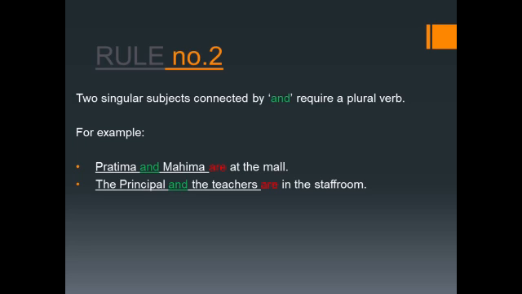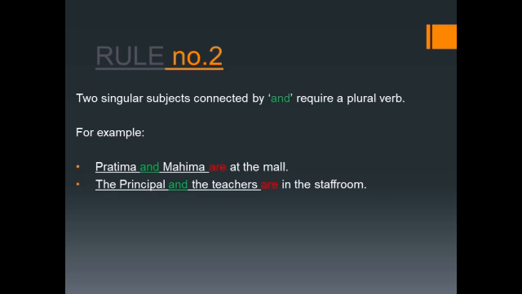Rule number 2 says two singular subjects connected by and require a plural verb. For example, Pratima and Mahima are at the mall. Pratima and Mahima are singular subjects and are is a plural verb.